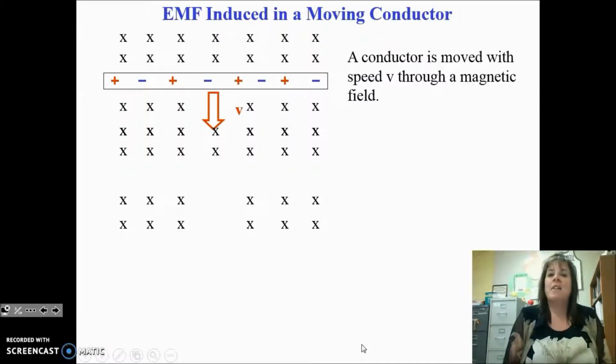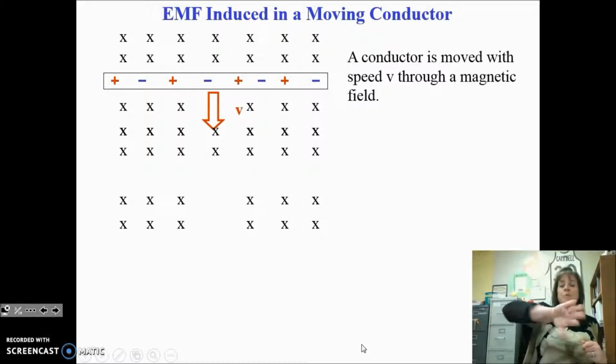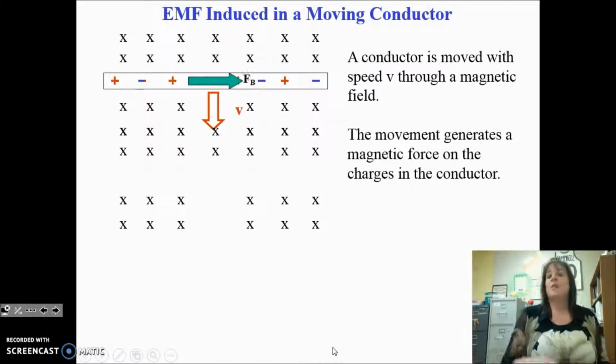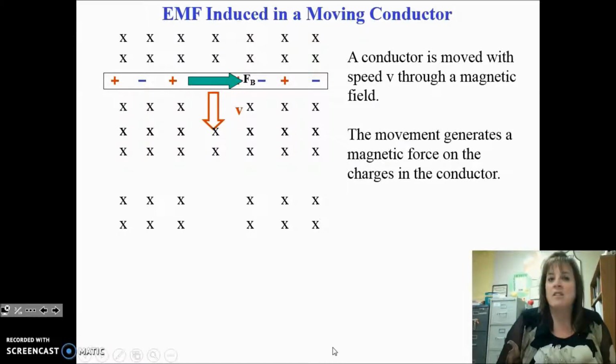And if you think about it, if you put your fingers, the X's here on the screen indicate that the magnetic field's into the page, the bar is moving down, so the force on these particles is going to be in that direction, to the right on the screen.